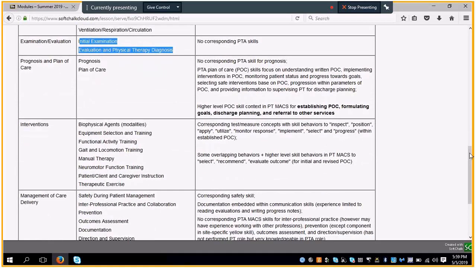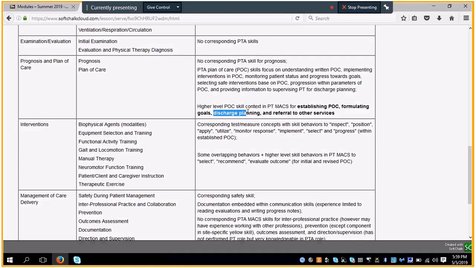Okay. For prognosis and plan of care, in your PTA role, of course, you understand what a plan of care is and are responsible for knowing if the patient is progressing within that prescribed plan of care. And now again, you'll have in your developing PT role more responsibility for actually formulating that.